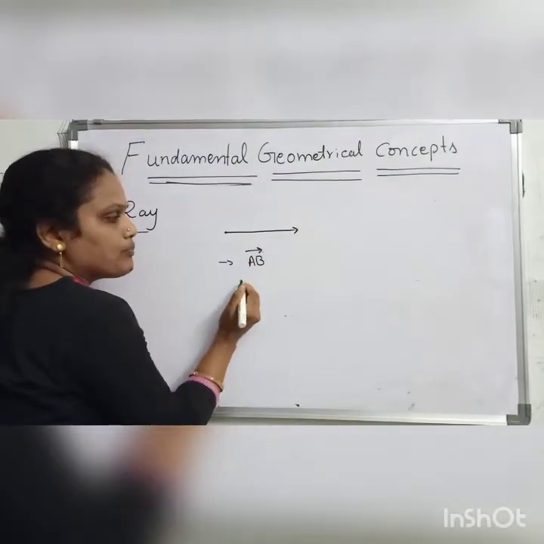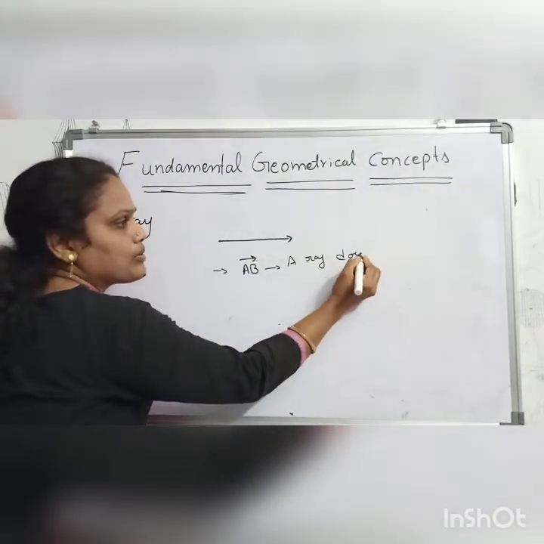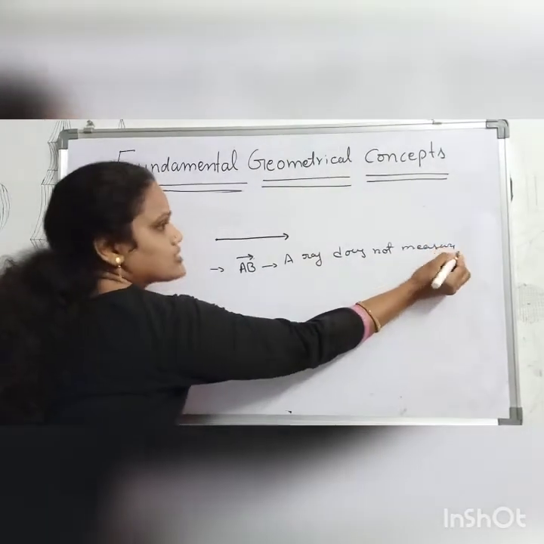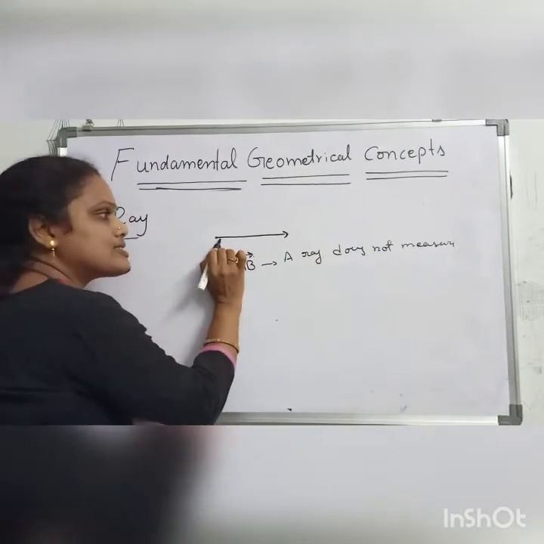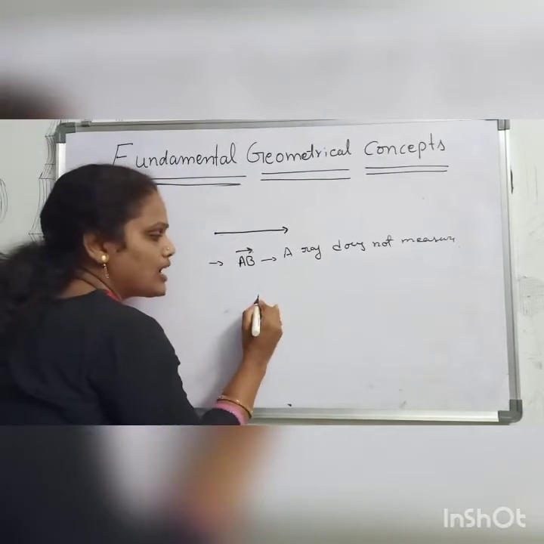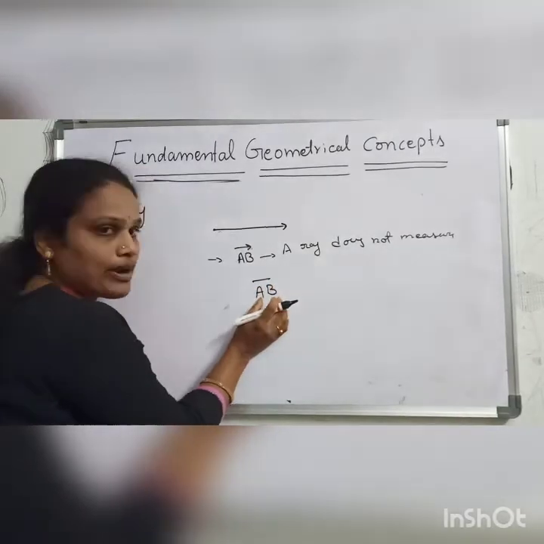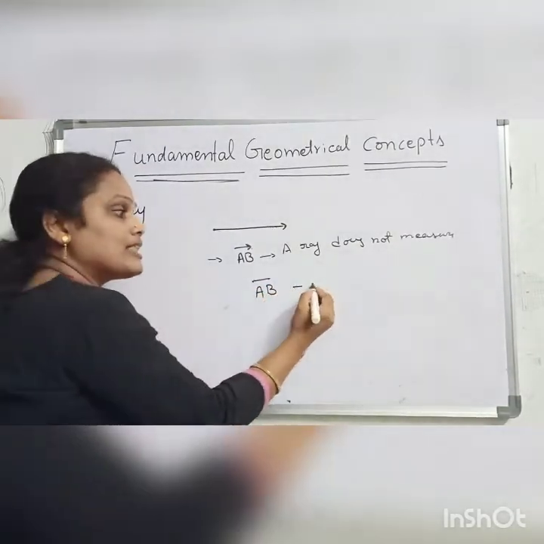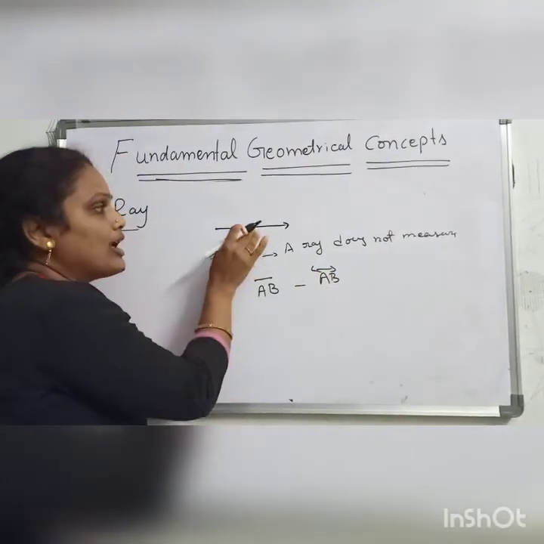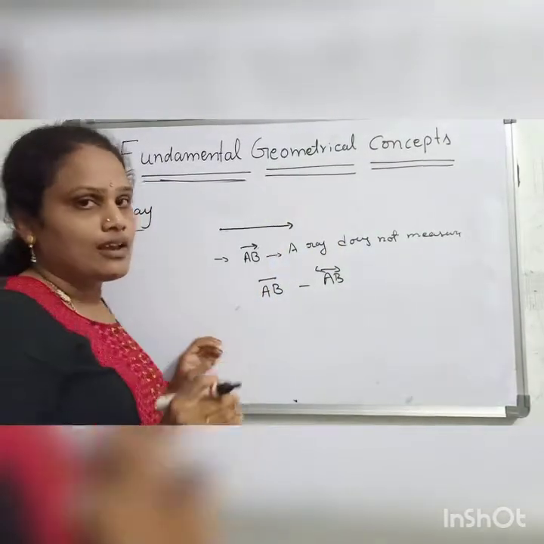A ray cannot be measured. Why? Because it extends endlessly on the right side. A line segment can be measured, but a line cannot be measured in length. In the same way, in a ray also we can't measure a definite length.